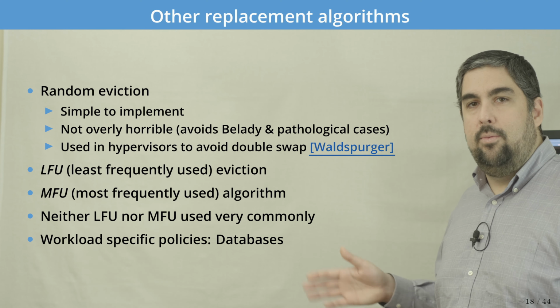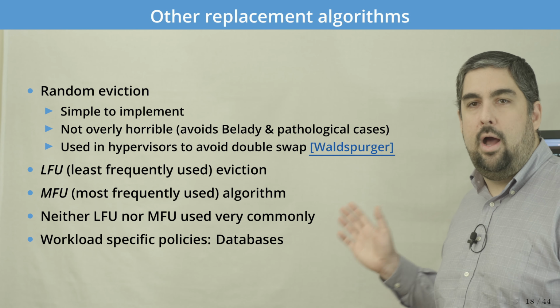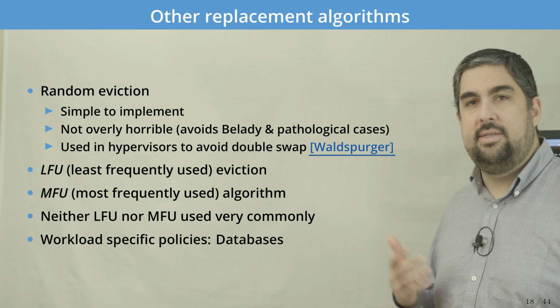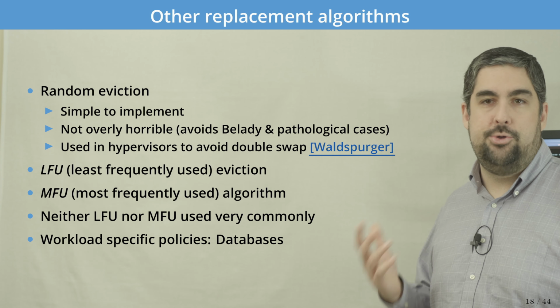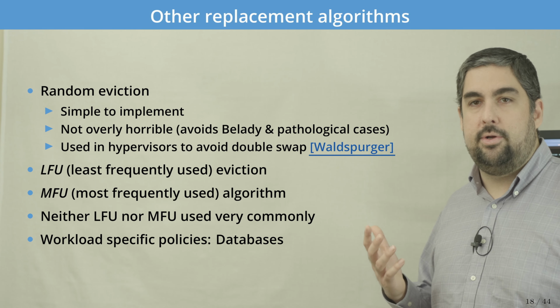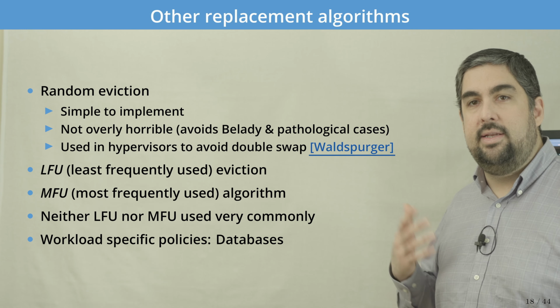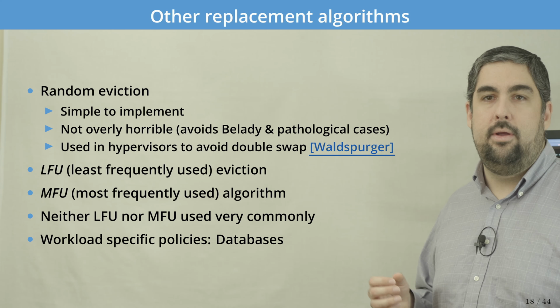And lastly, we have workload-specific policies. The most common and good example we can think of for this is database systems. When you make a very large complex query, you're doing a join on a table or some other request that requires accessing a large amount of a database, the database understands the workload and the access pattern perfectly.